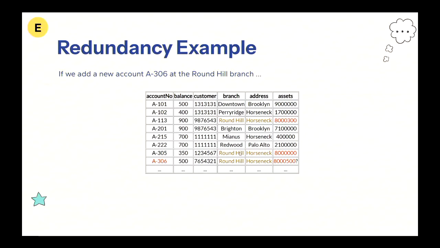And how should we modify the assets here? Because we have discrepancies here, we have two different values for the assets here. So should we just use the last one or the first one? So we don't know here. So there could be inconsistency as well in this case.